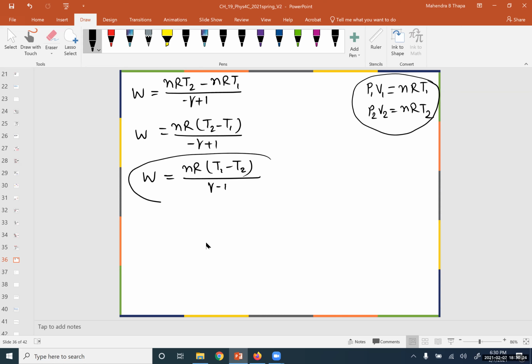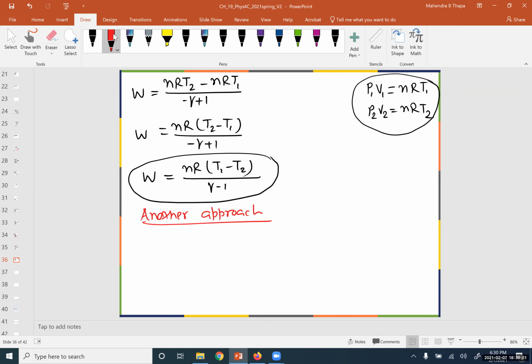So this is the equation to find the work done in this process. So in this way, we can find the total work done in these situations. You can try another approach, and we can reach the same result by another approach to find the total work done.